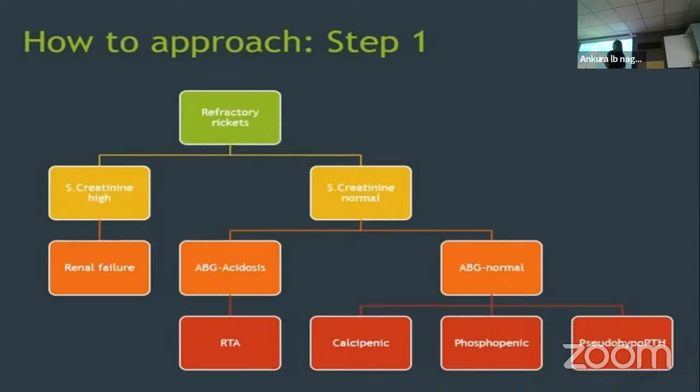Next, the appetite was normal, so we decided to do ABG to rule out any RTA. It was also normal, with no acidosis. So we looked at calcium and phosphate: calcium was low normal and phosphate was low in our child.